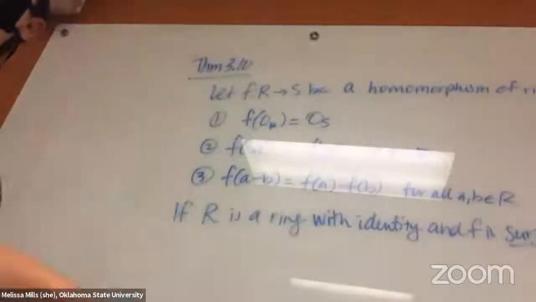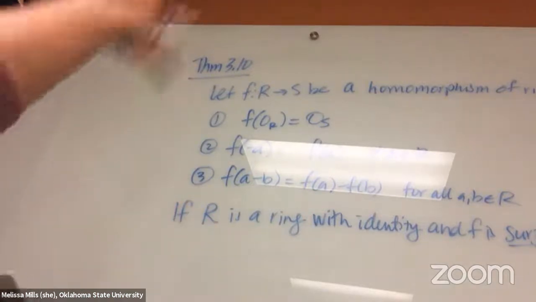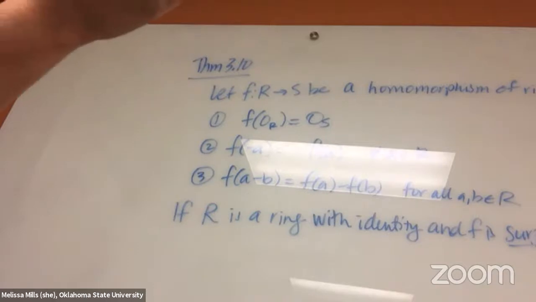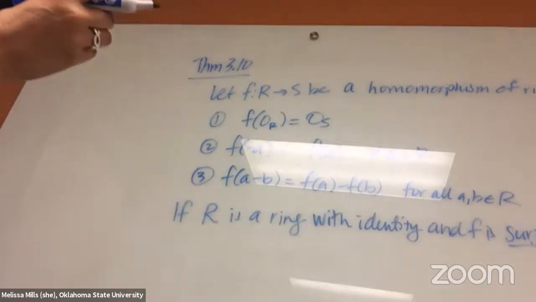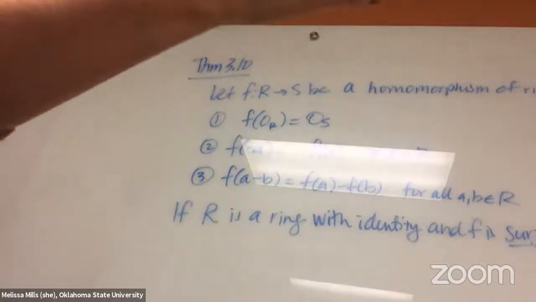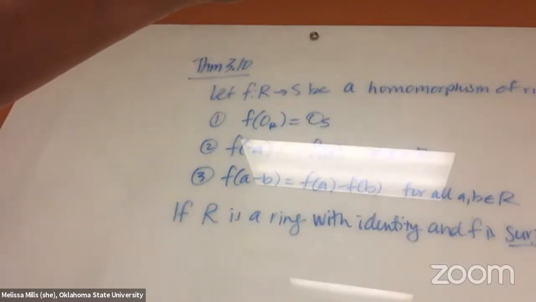Now that's important because that reminds us of our example. Remember our mapping where we took the even numbers mod 10 and mapped them, looking at the mapping between Z mod 5 and those numbers, where 6 ended up being the multiplicative identity, right? That was not a surjective map. If you're mapping Z mod 5 into Z mod 10, that's not a surjective map. It doesn't hit everything, right?